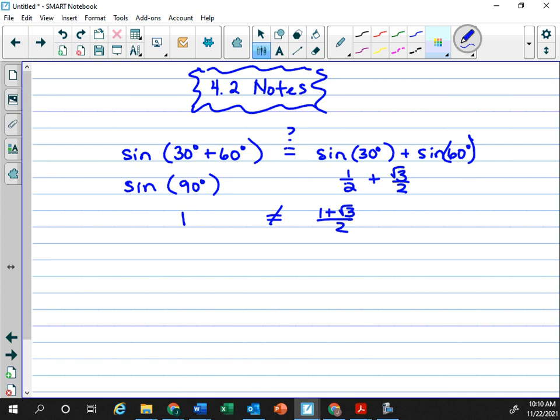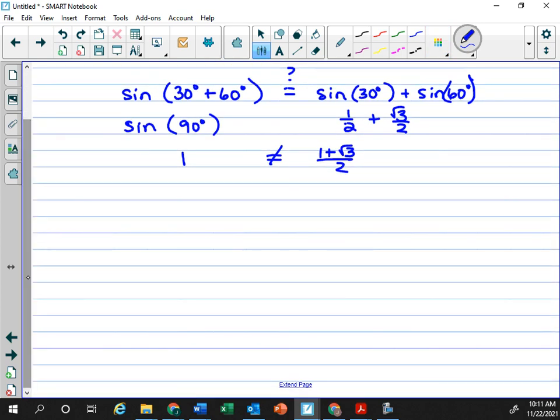Because right now you guys could only evaluate things of like 30, 60, 45, right? We're going to be able to throw in a few more of those with these sum and difference formulas. Like you'll be able to do the cosine of 15 degrees, things like that. Okay. So lots of formulas for you today. Sum and difference formulas.